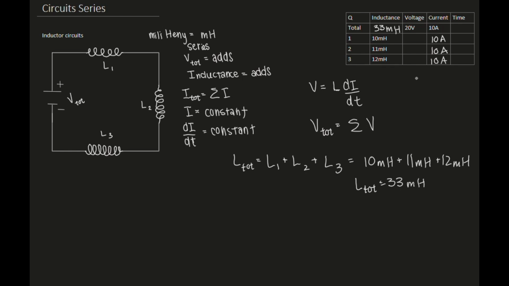So I'm going to be using the equation V equals L di/dt, and I'm going to use this to solve for time. The first thing I'm going to do is get di/dt by itself, so that's equal to the voltage over the inductance. Then I'm going to integrate both sides with respect to time.